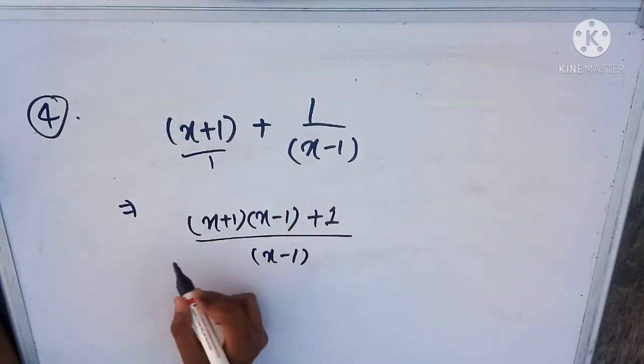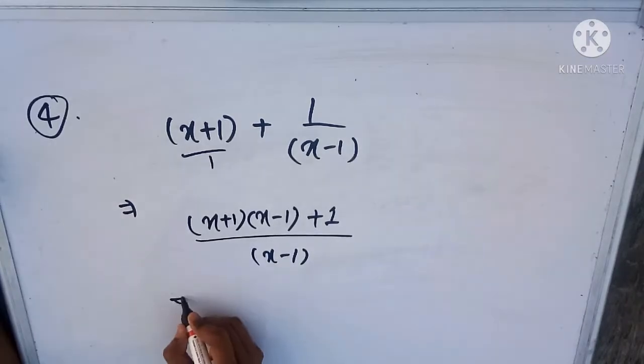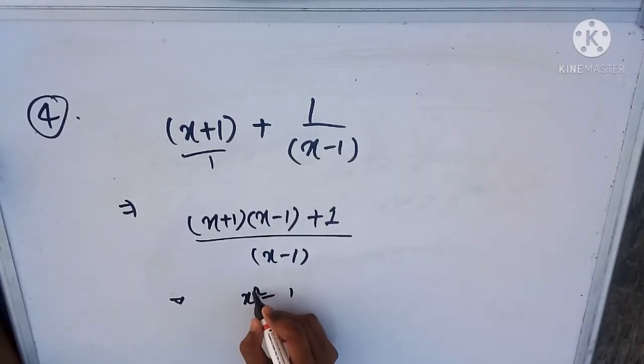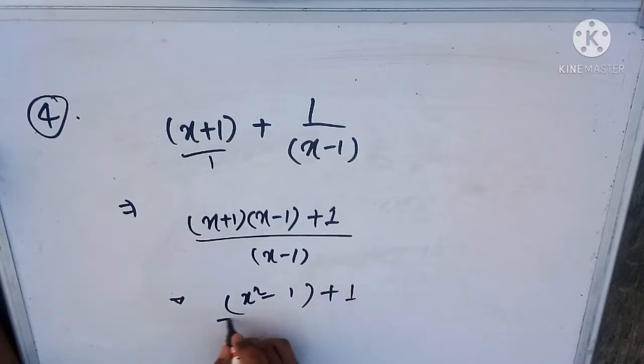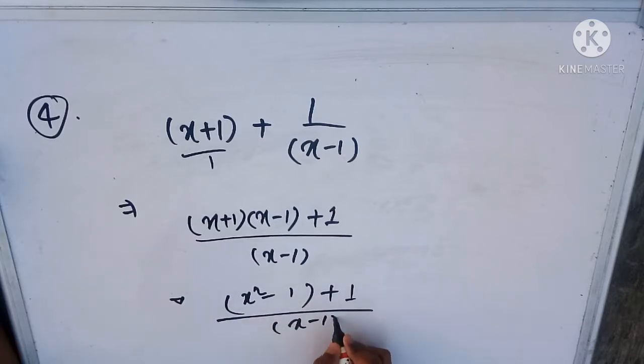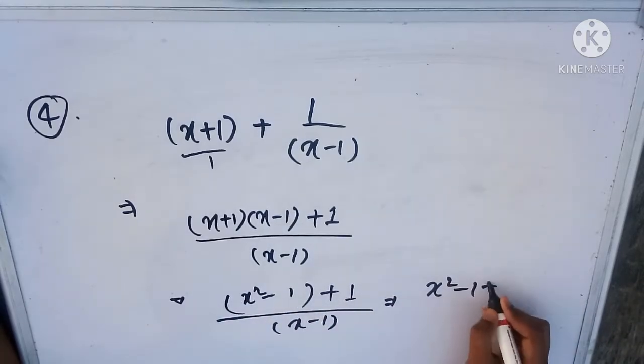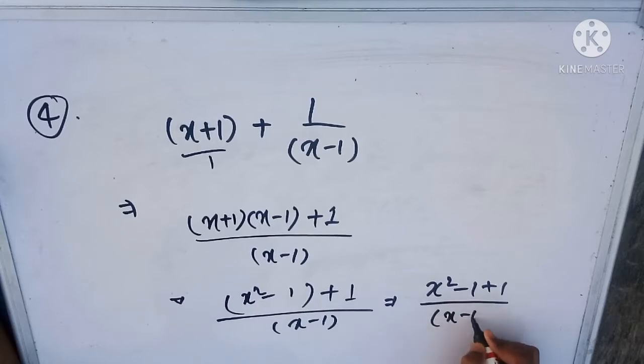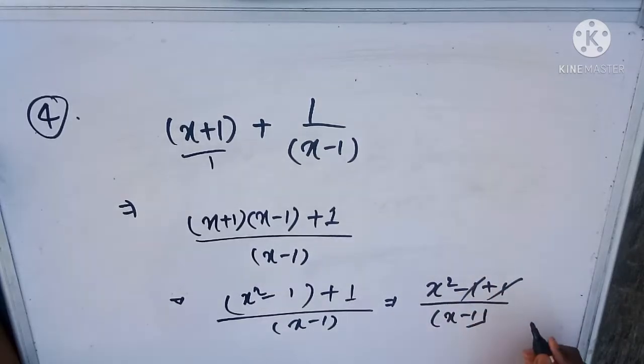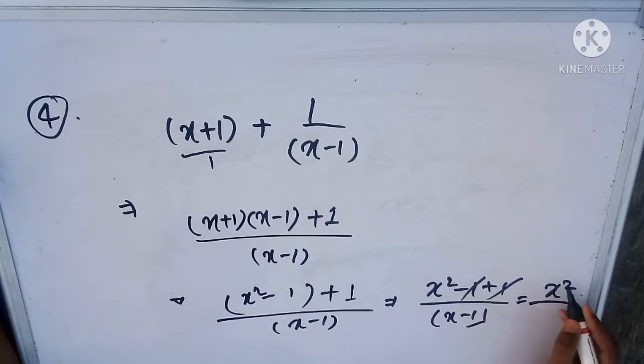Taking the LCM, we solve this using the formula over here: x square minus 1 plus 1 over x minus 1. So here we can see minus 1 and plus 1 cancel, x square by x minus 1. So this is the simplest form of this term.